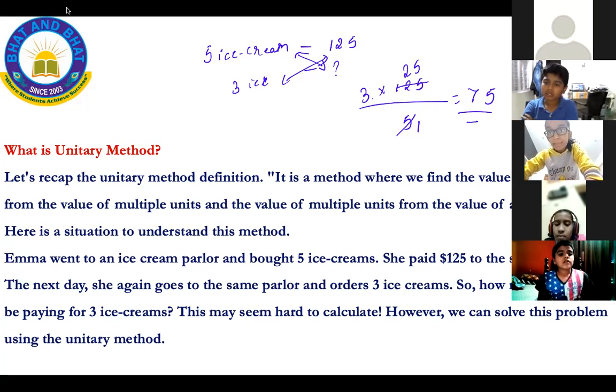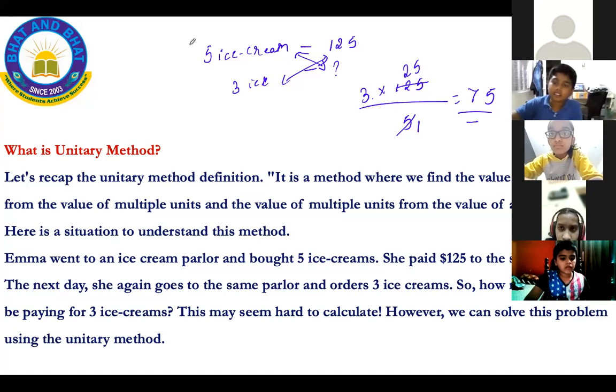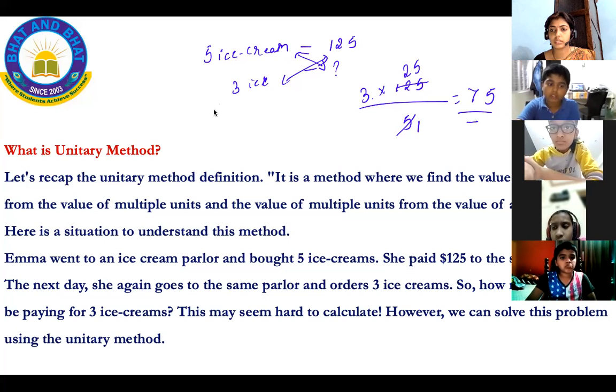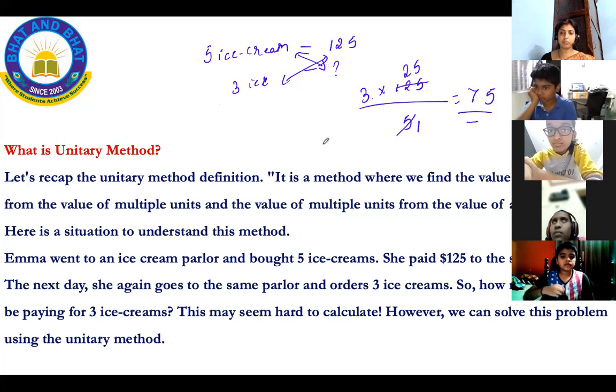Yashwant, what did I tell just now? Ma'am, I did not understand how you got the 75. I told you to wait. Sorry, ma'am. When I say wait, you have to wait, children.